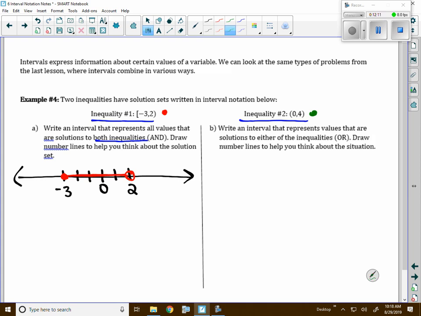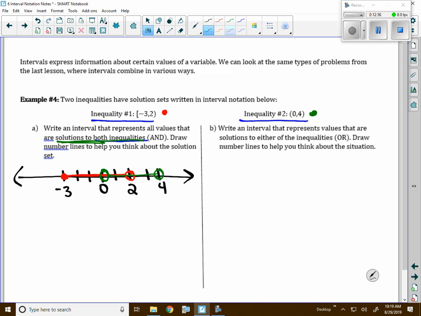Okay, now our inequality number 2. We will have an open circle at 0, and we will have an open circle at 4, and we draw in between. So our goal in graphing both of those is to find the solutions for both inequalities.